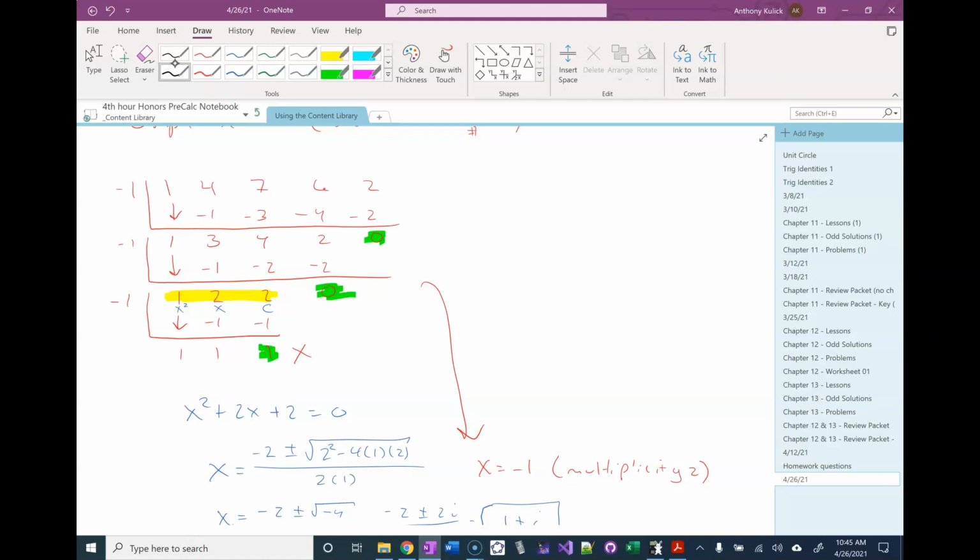Well, at that point, you know that since it was a bounce in this problem, you're just going to have -1 multiplicity 4, because it's going to be used either 2 times or 4 times. If it works 3 times, it could only be 4 then, so you could just be done and not even do another synthetic division. If you did, though, you'd have 1 remainder 0, I think is what it would say. So you'd have 1 as your factor, but the remainder 0 still at the end.